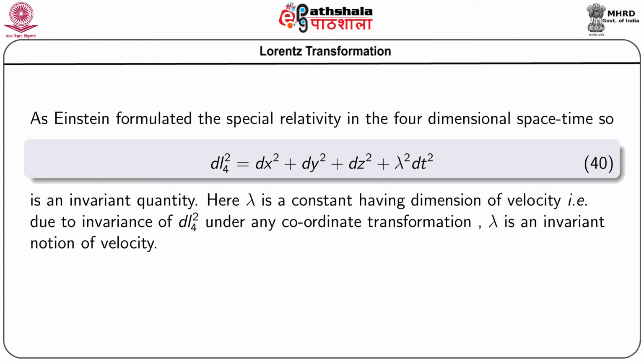Due to invariance of dl square under any coordinate transformation, lambda is an invariant notion of velocity, and dt is the time factor here. So, for 4 dimensional space we have x, y, z and t. x, y, z is the space coordinate and t is the time coordinate.